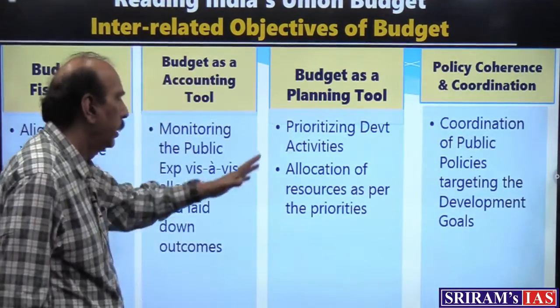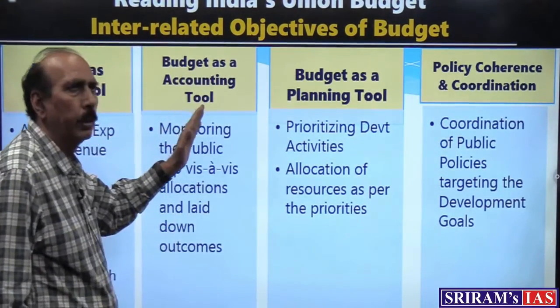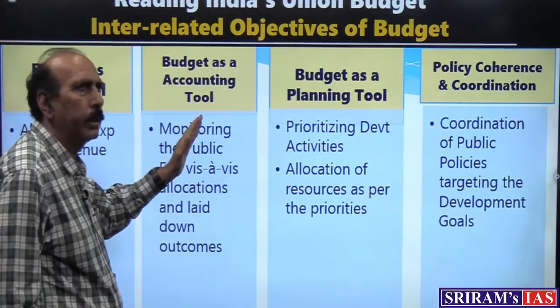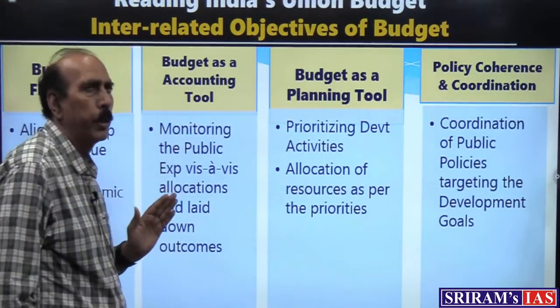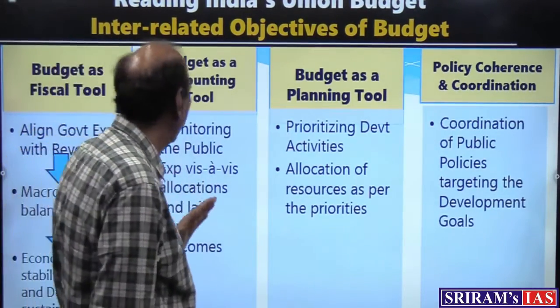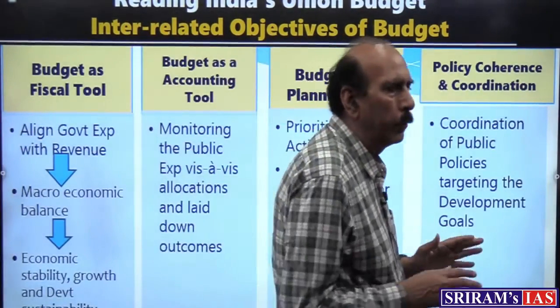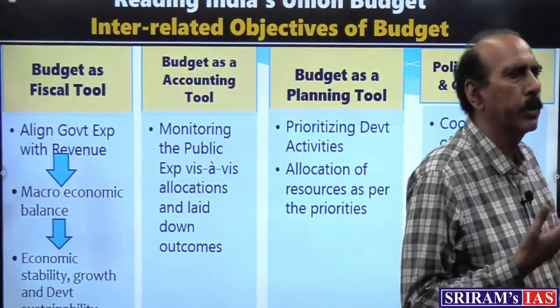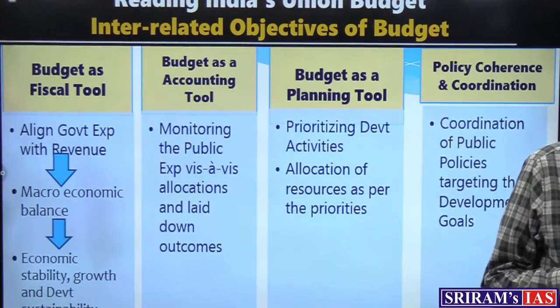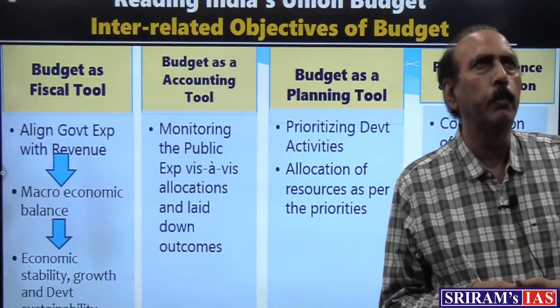As I said, the budget is always taken as a fiscal tool. When we say fiscal tool, we are concerned with the annual revenue and annual expenditure of the government.